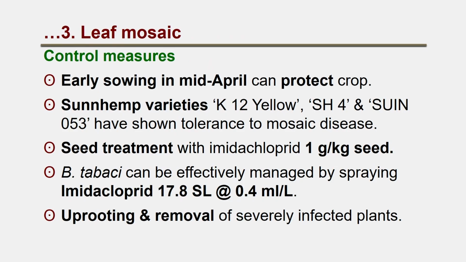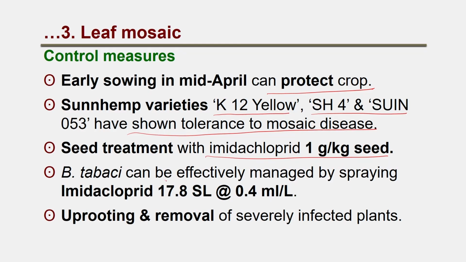Control measures of leaf mosaic. Early sowing in mid-April can protect the crop. Sannhemp varieties K12 yellow, SH4, Swin 053 have shown tolerance to mosaic disease. Seed treatment with imidacloprid 1 gram per kg seed will help to reduce the incidence of whitefly, so that transmission of disease will be less, particularly at seedling stage.